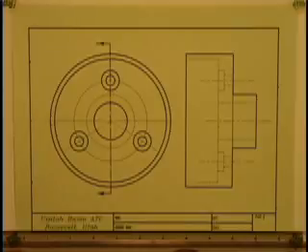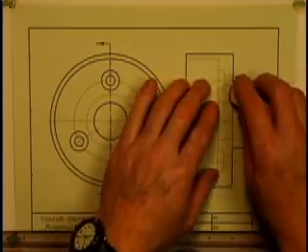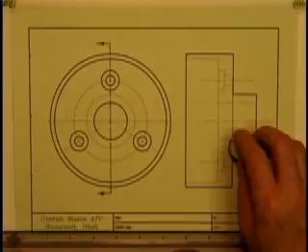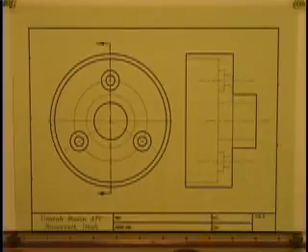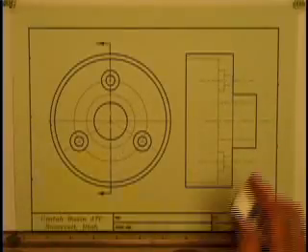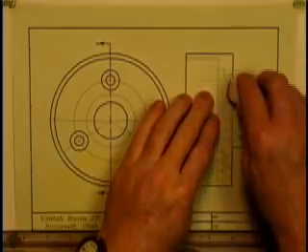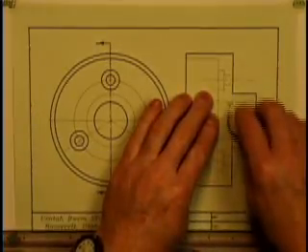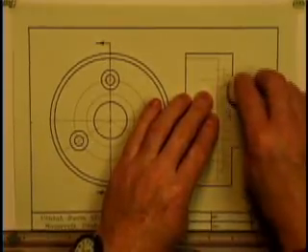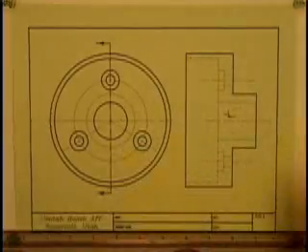Okay, the second thing I need to do is take out this object line that's not going to be there, because once I cut through the middle of it, I won't see this anymore. So I'll erase that.